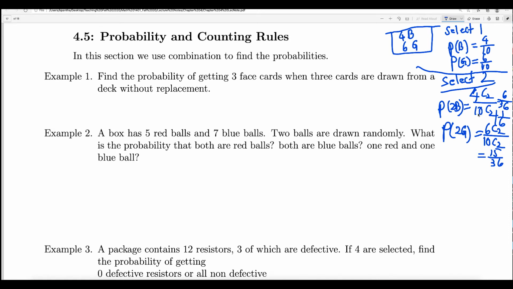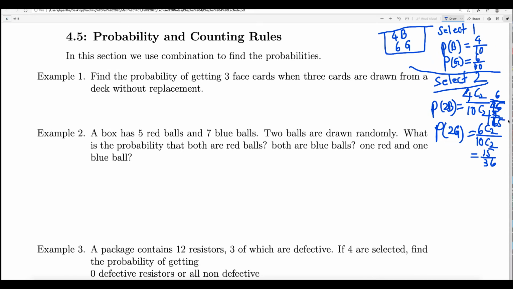I don't think it is 36, because 10 times 9 is 90, so I think it will be 45. 6 out of 45 will be 2 out of 15... Here 6C2 will be 15, and 10C2 will be 45 again. So if you simplify that, it will be 1 over 3.